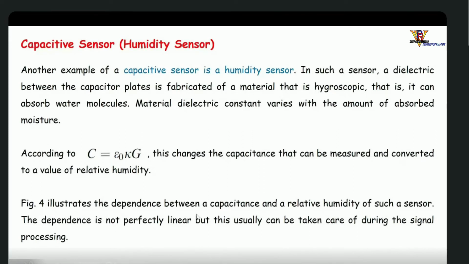But that variation is not linear. Although it is not linear, we can take care of it. And always, if we move the knob from one position to another, the instrument will show the exact value of the resistance. So the same thing can be taken care of here. Although the dependence of humidity and the change in the dielectric constant, ultimately the change in the capacity, is not linear, we can take care of it using some specific signal processing mechanism.